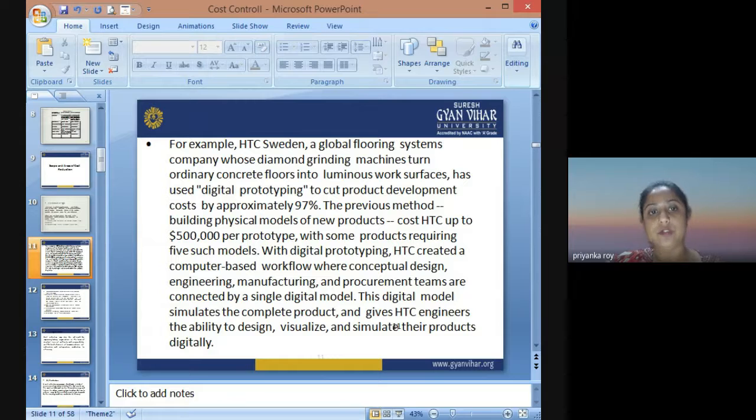The previous method of building physical models was quite costly, whereas the digital prototype showed that the product required only 5 such models, approximately 97% fewer. Okay, so this is an example.